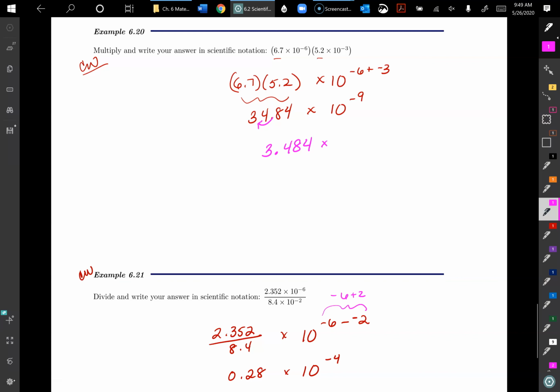I need to multiply by 10, or kind of shift right, so to speak, to make this be 10 to the negative 8. So this is decreasing by a power of 1, and this is increasing by a power of 1. So this would be my final answer.